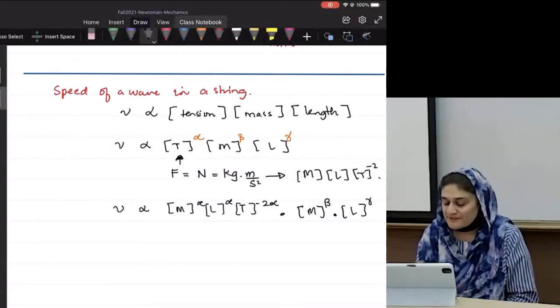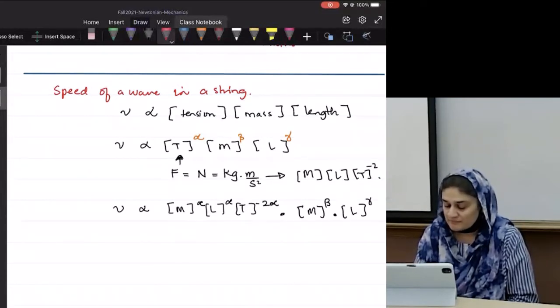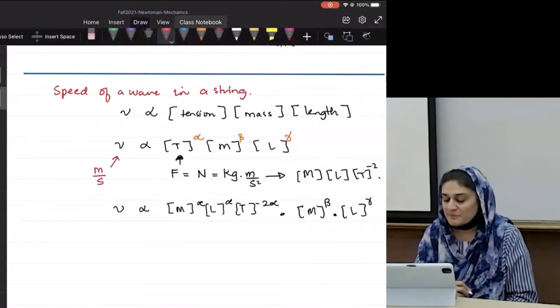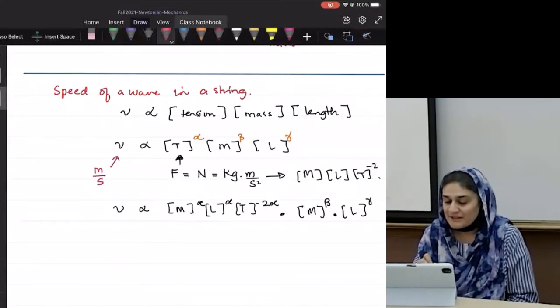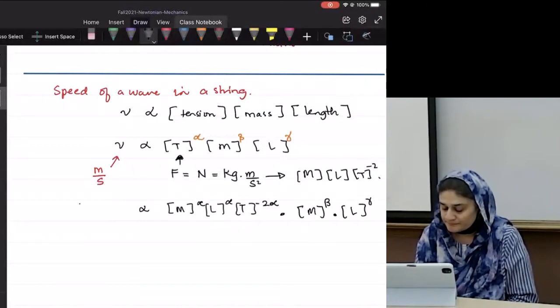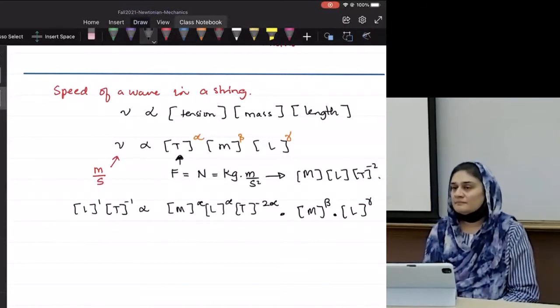What should come on this side? What should V become? What is V? Yep, meters per second. So my left-hand side should become L to the power 1 and T to the power minus 1.